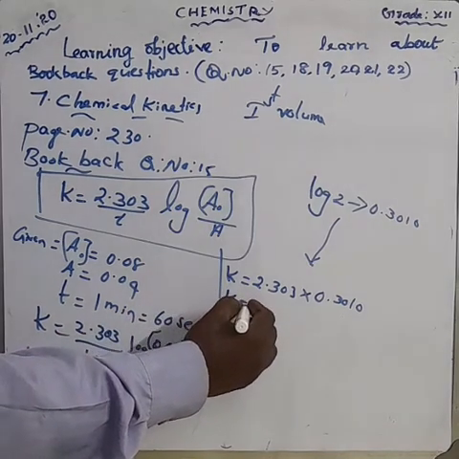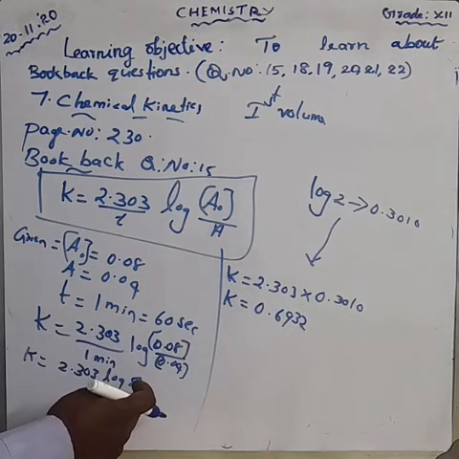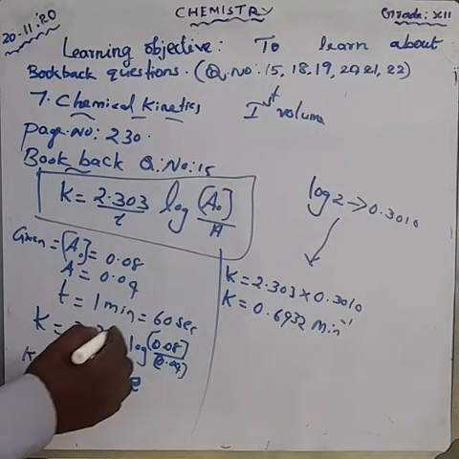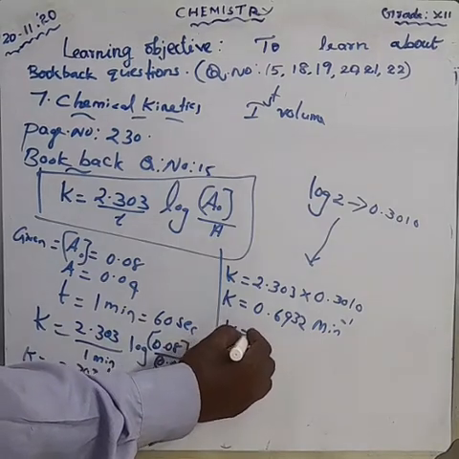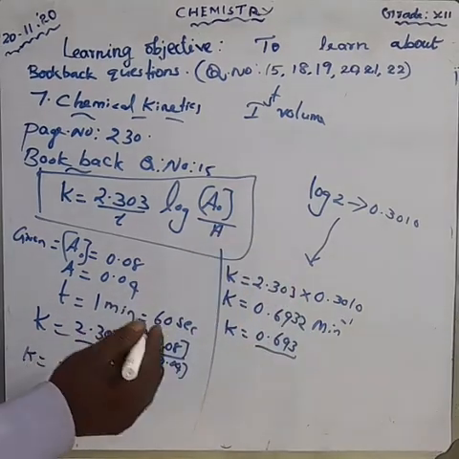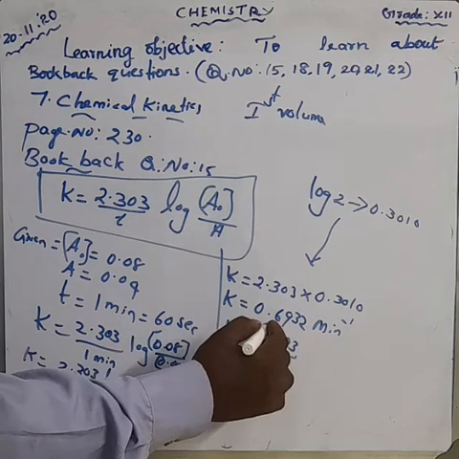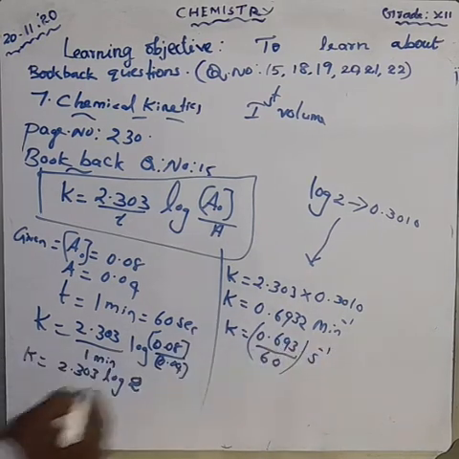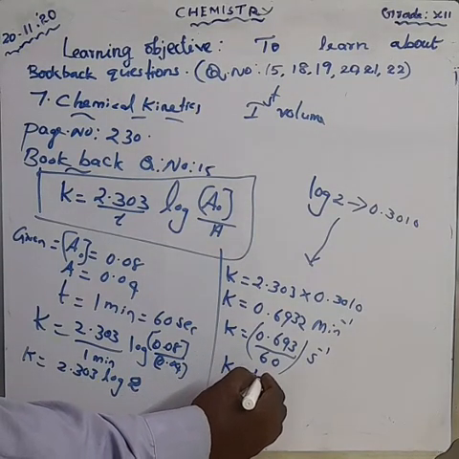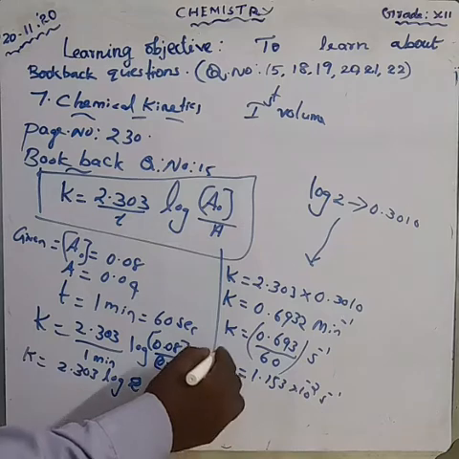So what's the answer? K is equal to 0.6932 minutes inverse. Then we have to divide 0.693 by 60 seconds, to convert minutes to seconds. Then K is equal to 1.153 into 10 raised to minus 2 second inverse.